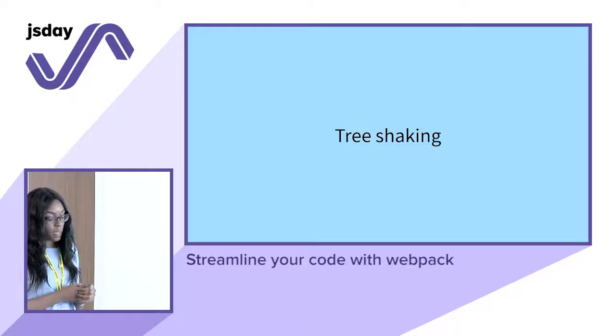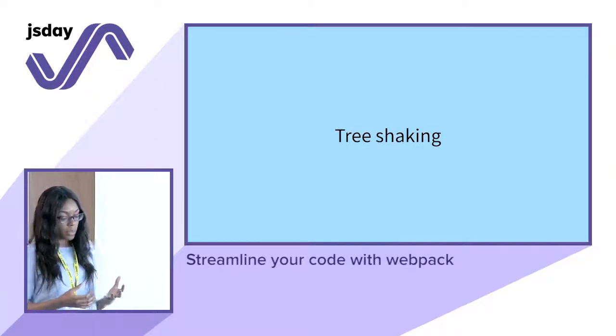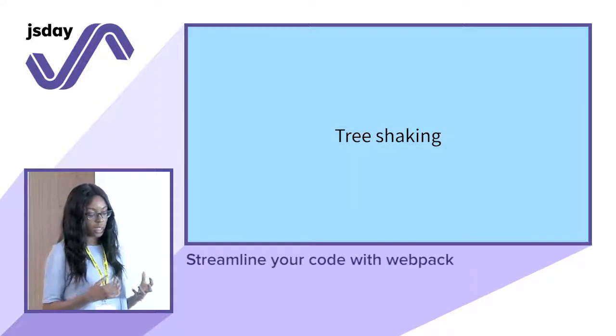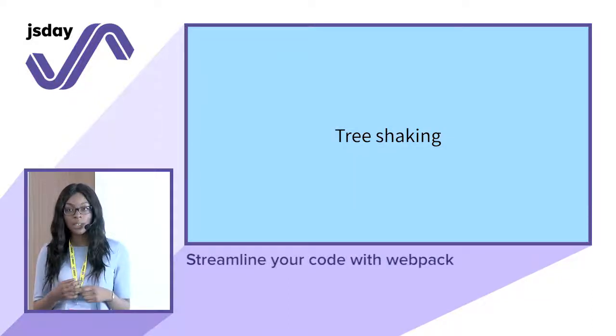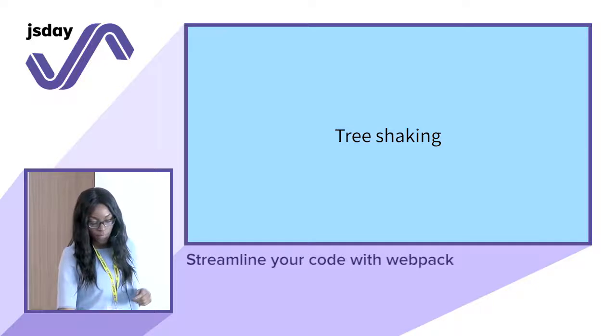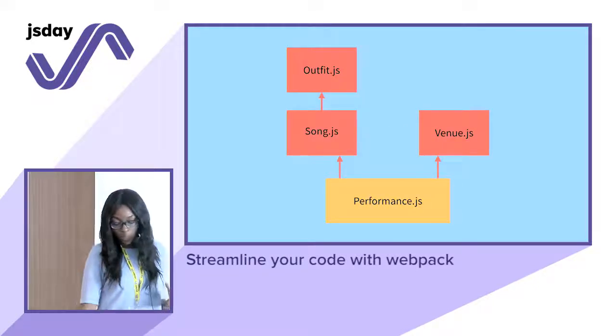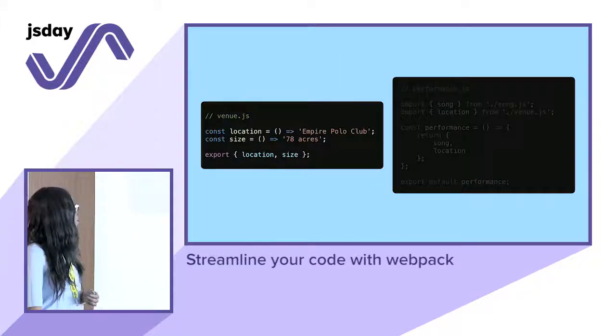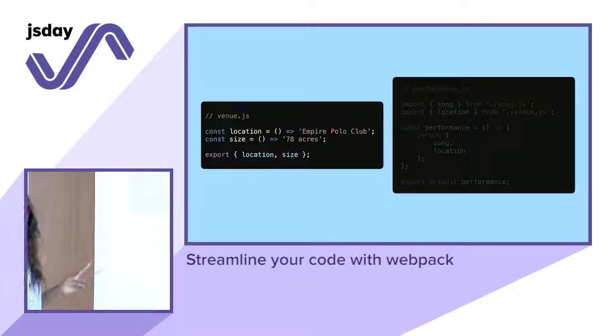So tree shaking drops unused pieces of code based on static code analysis. Webpack does this as it goes through the dependency graph. So going back to our Beyonce application, let's say that our venue.js code exports two functions.